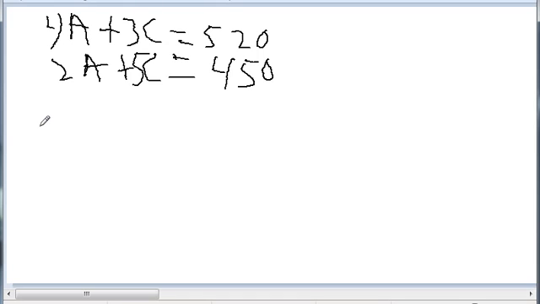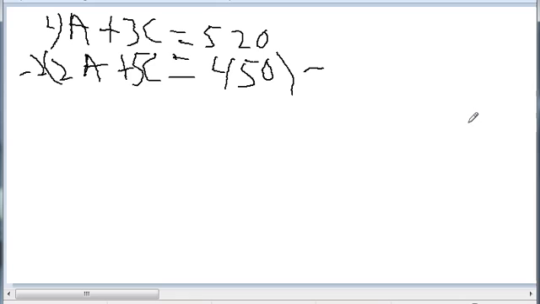So I'm going to start by eliminating the a variable, and we can do that by multiplying the whole second equation by -2 in order to get a -4a.